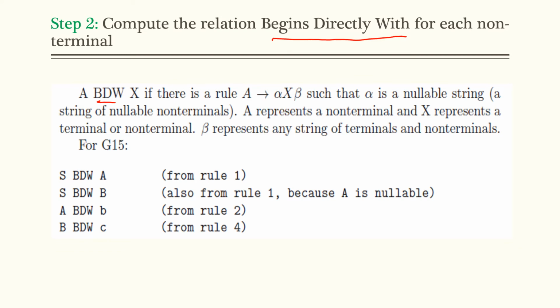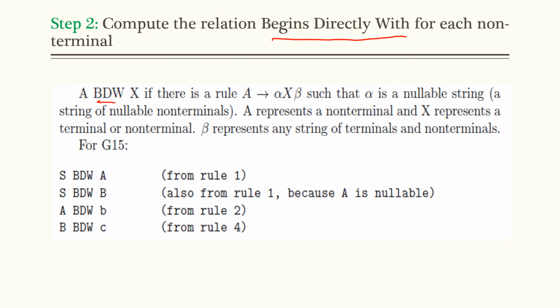A is nullable here means that the right hand side of the first rule is A, B, and C. If A is replaced with epsilon, the next string after the nullable A will be B. Nullable means an empty string. So if it is empty, we can start from B, because A is nothing.